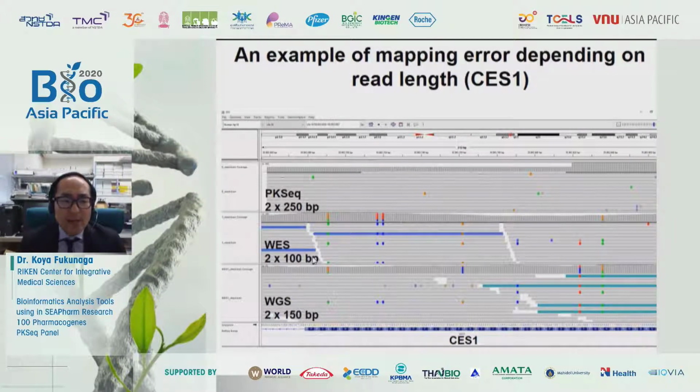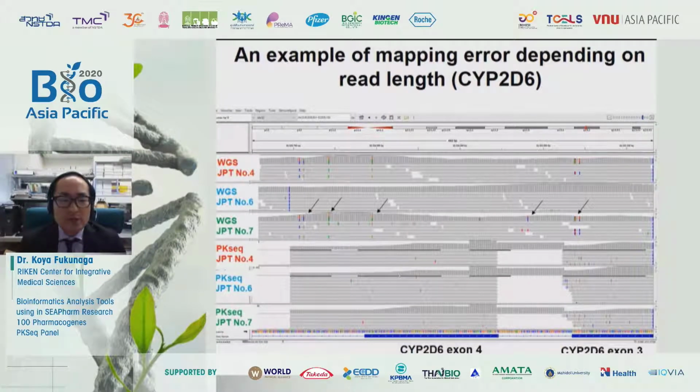As is apparent, the result after mapping reads to the reference genome by each platform showed that WES and WGS cannot distinguish CES1 and CES1P1. Actually, in these regions, no variants are correct. You can see PKSeq data. In other words, these results suggest that short reads cannot be mapped to the reference genome correctly.